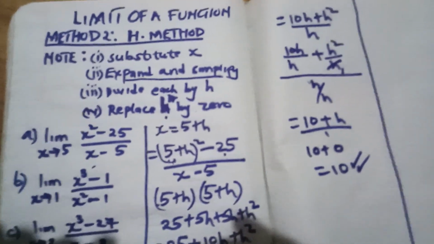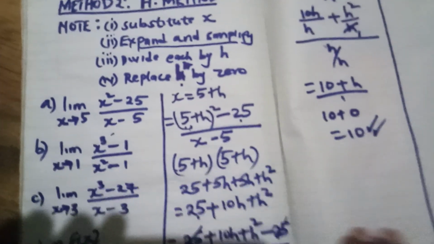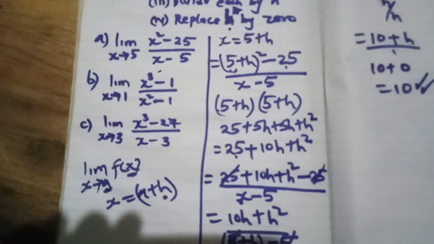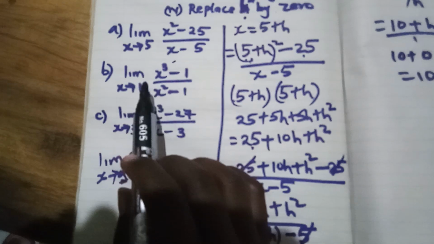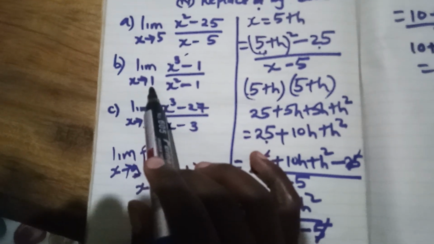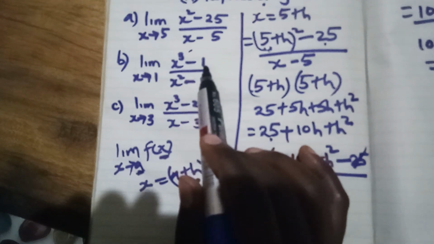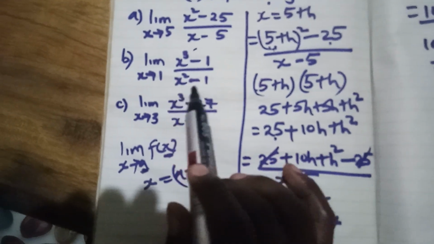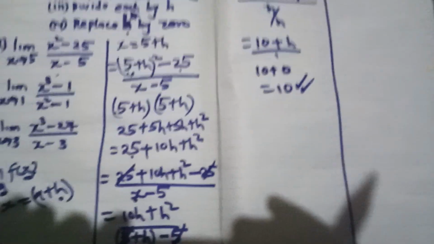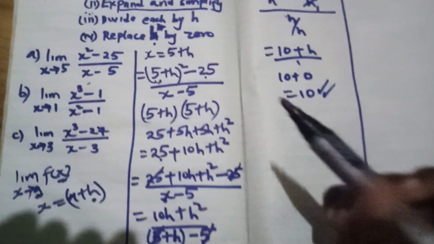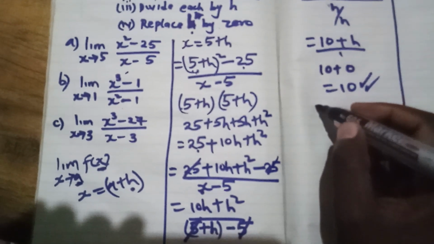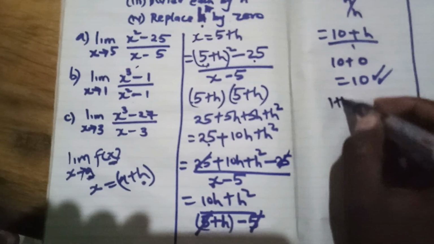Okay, let us now look at the second example of this h method. The question reads: the limit as x approaches 1 of x cubed minus 1 out of x squared minus 1. Now we start the calculation by replacing the value of x by 1 plus h.